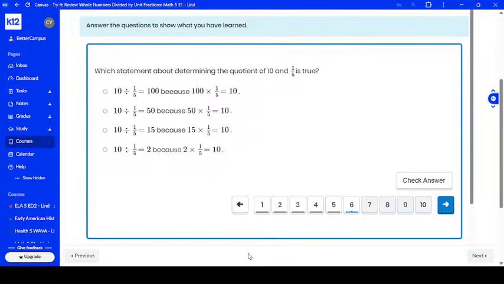C, 10 divided by 1/5 equals 15 because 15 times 1/5 is 10? Or D, 10 divided by 1/5 equals 2/5 because 2 times 1/5 equals 10/5?